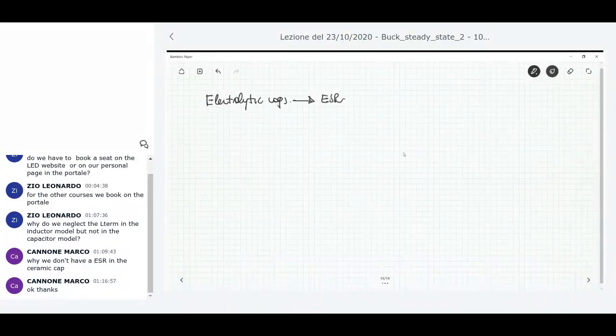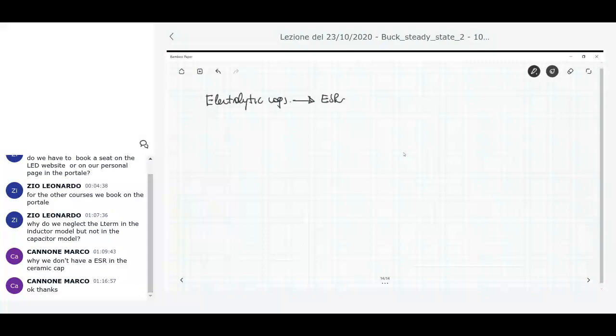When we have ESR, we have to compute the root mean square current because the root mean square current, together with the resistance contribution, gives us the power dissipated, which is transformed into heat. And the heat in electrolytic capacitors is a very important environmental parameter that leads to reduction of the operational life, or to enlarging the operational life, depending on the value you can operate.